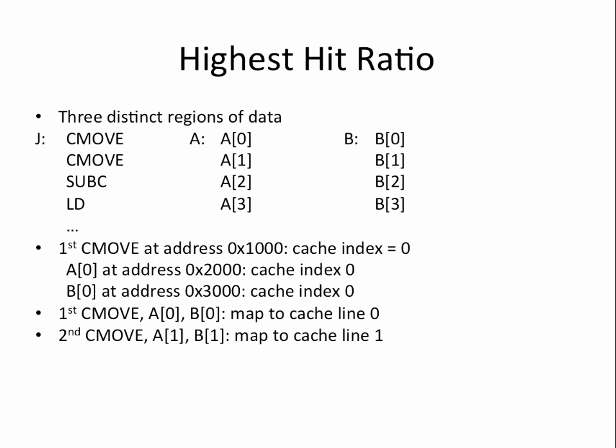Collisions in the cache imply cache misses as we replace one piece of data with another in the cache. However, if we use a four-way set associative cache, then each region of memory can go in a distinct set in the cache, thus avoiding collisions and resulting in a 100% hit rate after the first time through the loop.